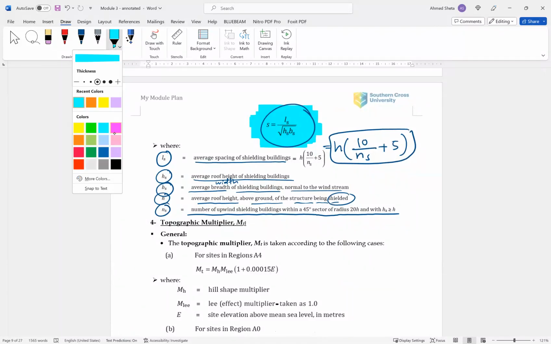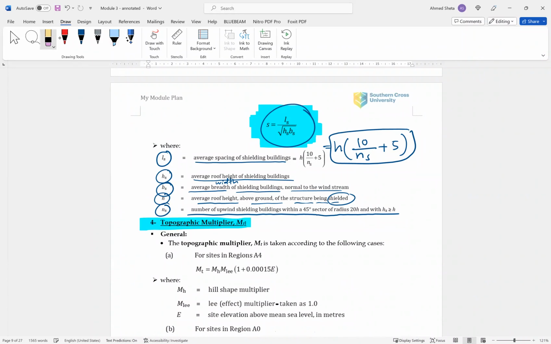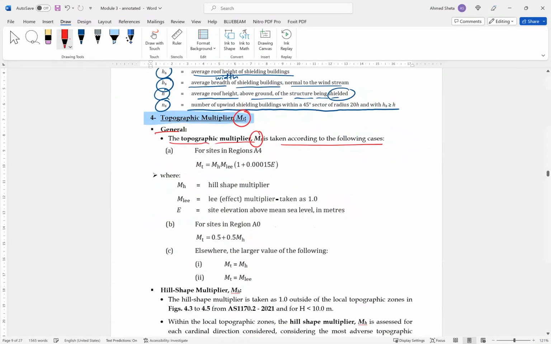The next multiplier we have is the topographic multiplier MT. MT is taken according to the following cases. Case for A, for sites in region A4.